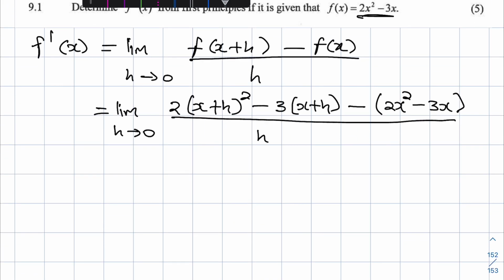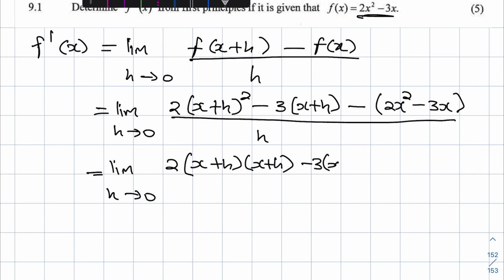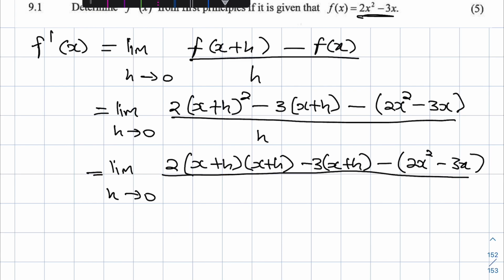Then we continue, the limit as h approaches 0, then we have 2. Now we open 2 brackets, which is x plus h, x plus h, minus 3, x plus h, minus 2x squared minus 3x all over the h.